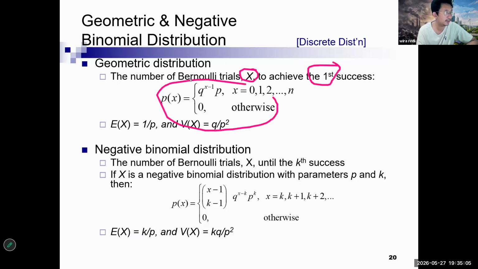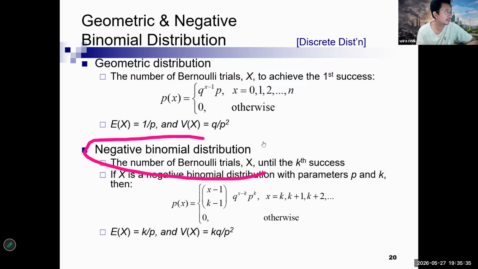You can create the probability of that using this PDF, or probability mass function in this case. For negative binomial, instead of the first success, it counts the number of trials needed to get K successes. So this is a more generalized version of the geometric distribution.